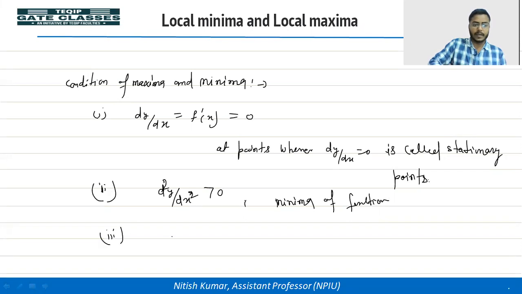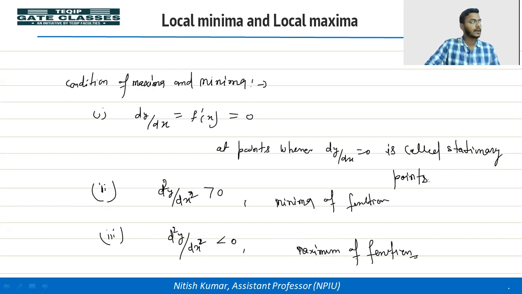Third condition, when d square y by dx square is less than 0, at that point we will get the maximum of the function, right? So that was the sufficient condition.